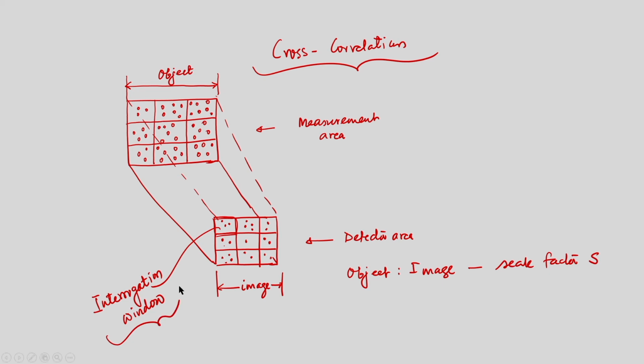Now, there are two different methods, as I have told, known as the autocorrelation algorithm and the cross correlation algorithm, which are used to predict the velocity of the seeding particle. So, we will now write what the cross correlation algorithm is.